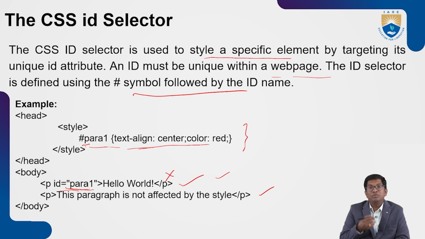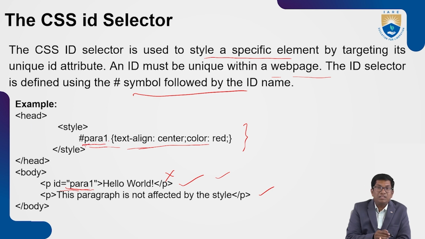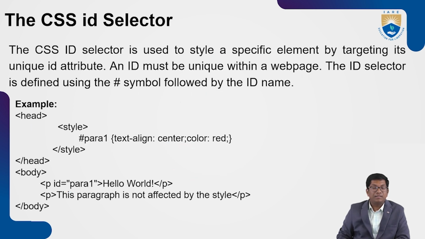Previously, wherever the h1 tag is there, it applied all the properties. But here, for the particular HTML element, we are assigning the properties by using the ID selector, with hash para1 to identify this paragraph element, right?